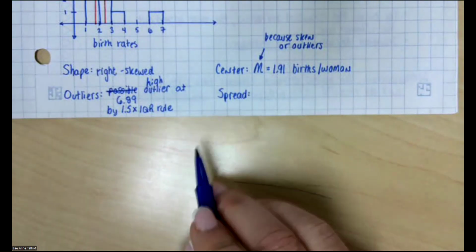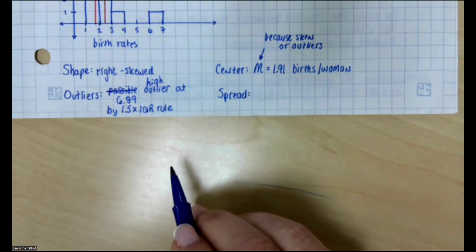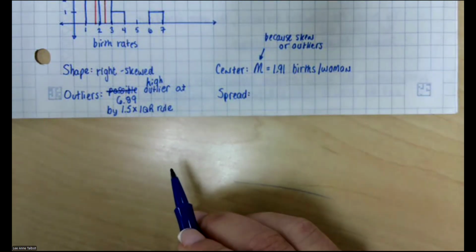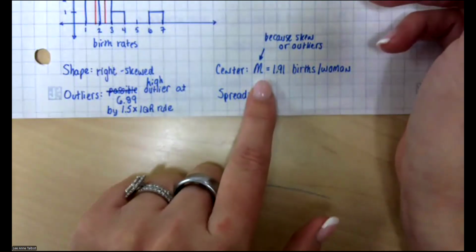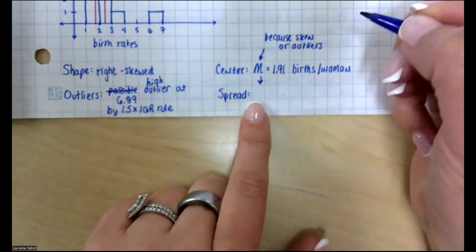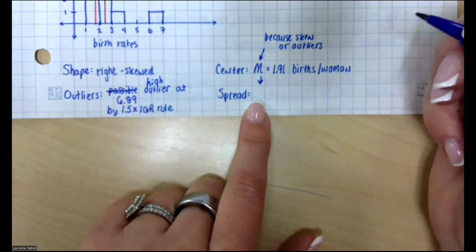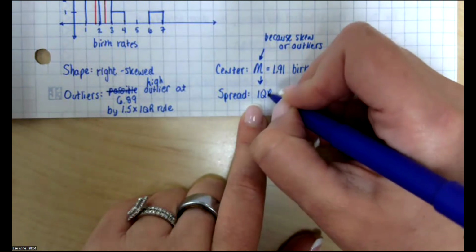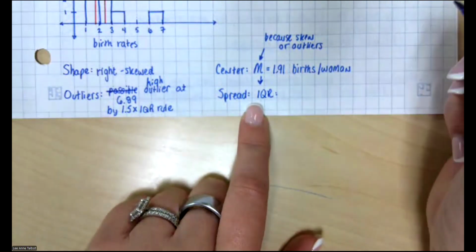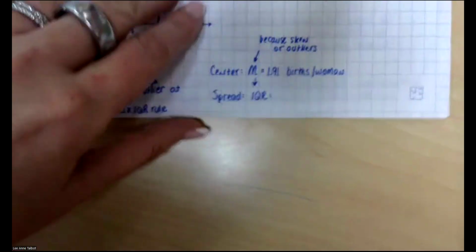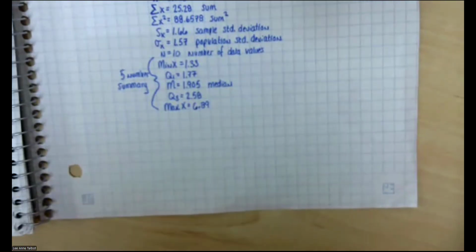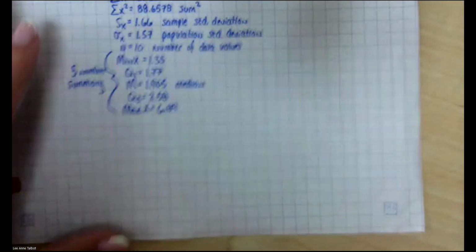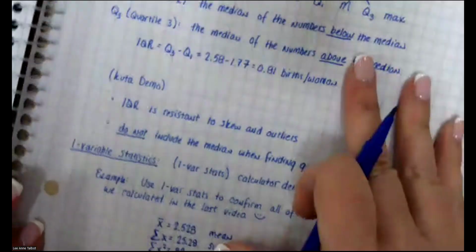And then I never filled in the spread for this, which is actually okay because we need to work on box plot today, and that's where you would probably find the spread. In this case, because I used the median, I would use the IQR for spread because IQR is resistant to skew and outliers, which is why I liked it.